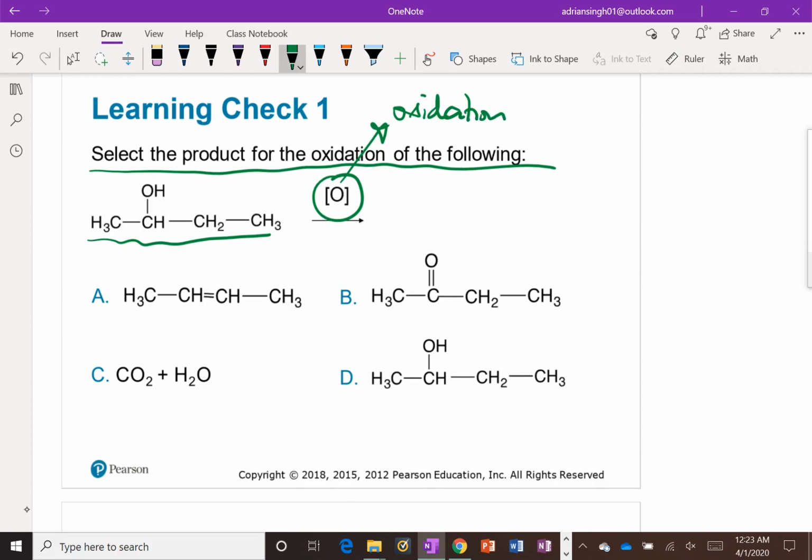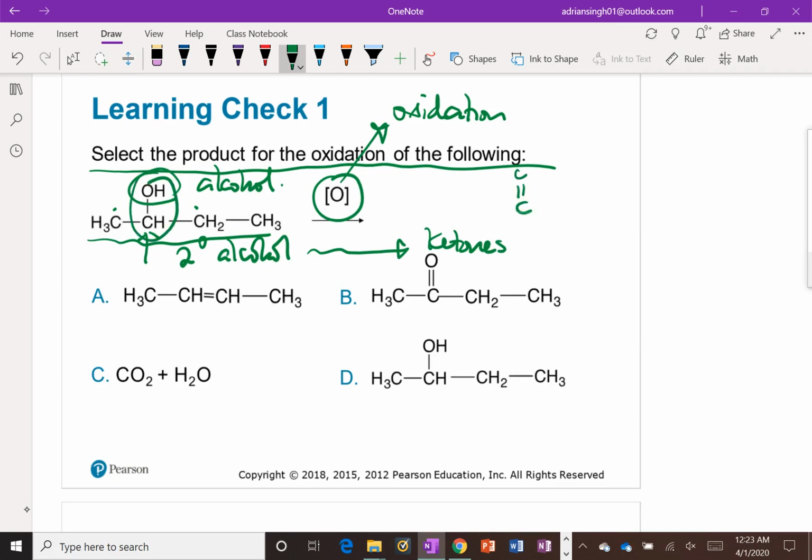All right, so this is an alcohol. The presence of the hydroxyl group tells you that. What type of alcohol is it? Well, we look at the carbon that's directly connected to the OH, and it itself is connected to 2 other carbons. So that would make it a secondary alcohol. Right? Secondary alcohols are oxidized to ketones. So all we need to do is to convert this into a ketone.